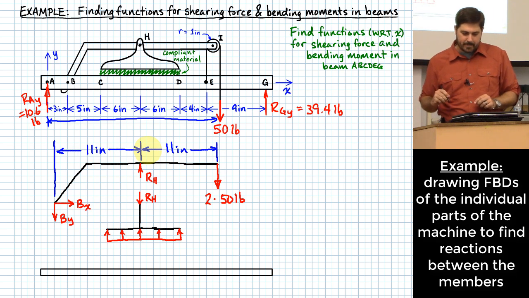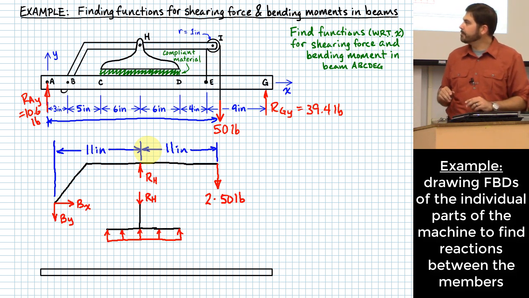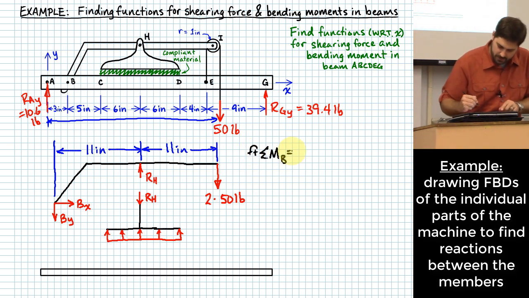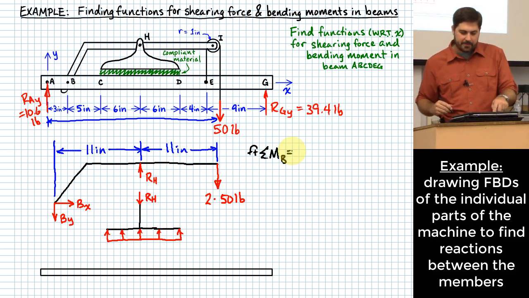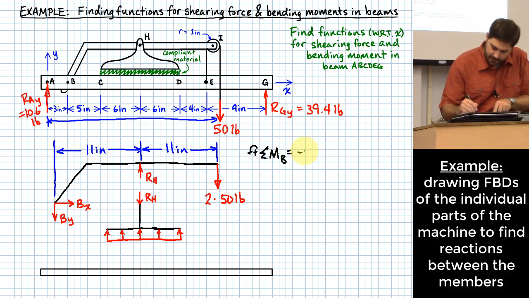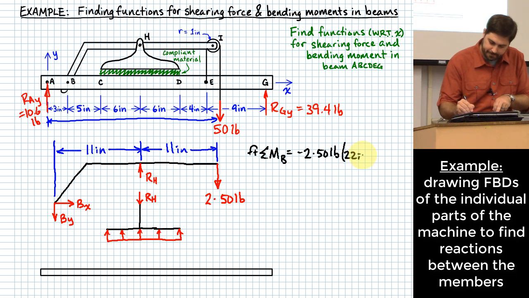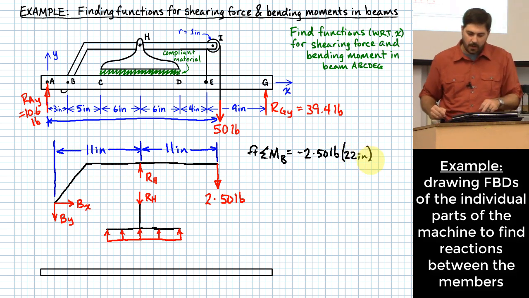Okay? Now what can I do with this diagram? What if I sum moments around B? Okay? What I will have there is negative 2 times 50 pounds times what? 22 inches, right?